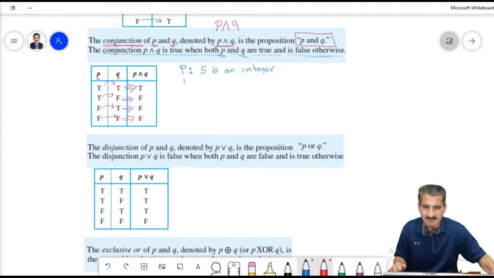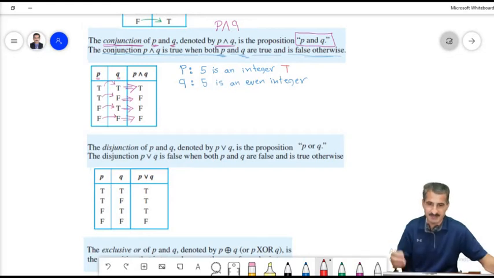And let's make the other statement Q to be "5 is an even integer". Okay, so let's see. 5 is an integer. This is a true value. Yes, it is an integer. 5 is an even integer. It is false.